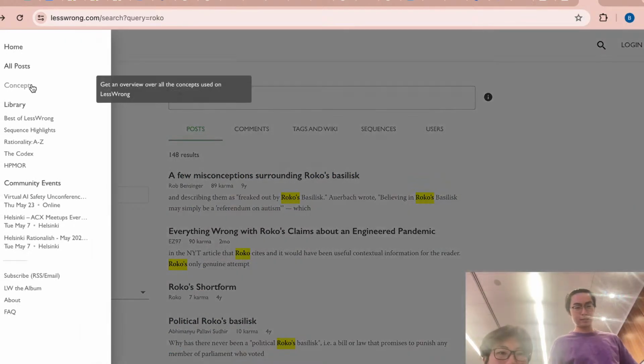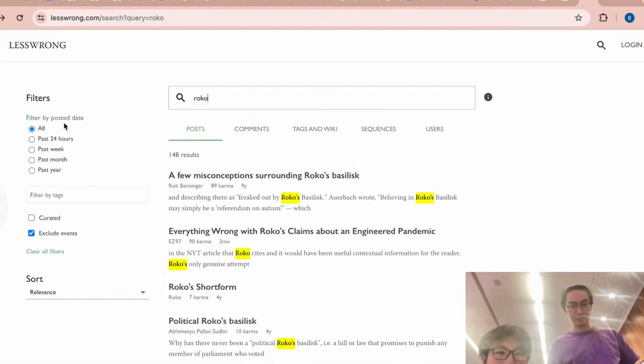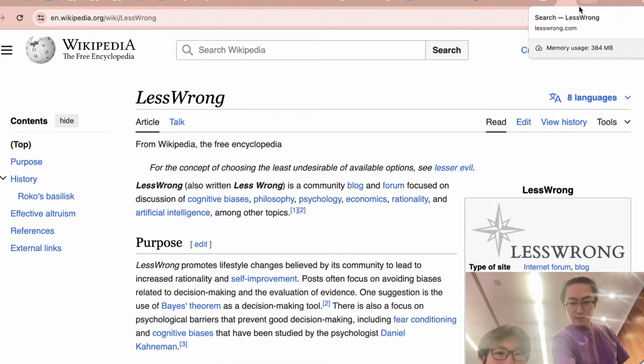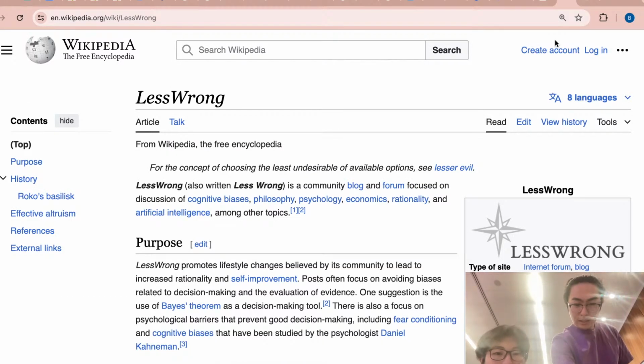What does Bayes' theorem have to do with this? Bayes' theorem? I saw it on the Wikipedia page. One suggestion is the use of Bayes' theorem as a decision-making tool.